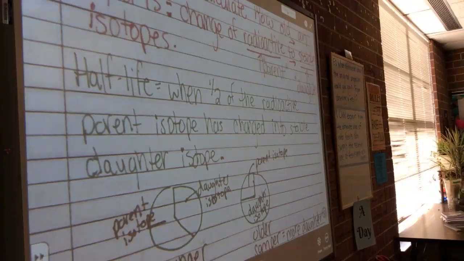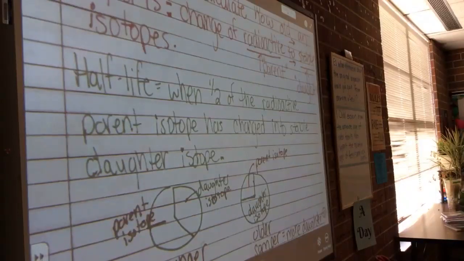There's more than one out there. For example, the half-life of the isotope carbon-14 is 5,730 years. So every 5,730 years, a fossil loses half of its radioactivity in carbon-14.